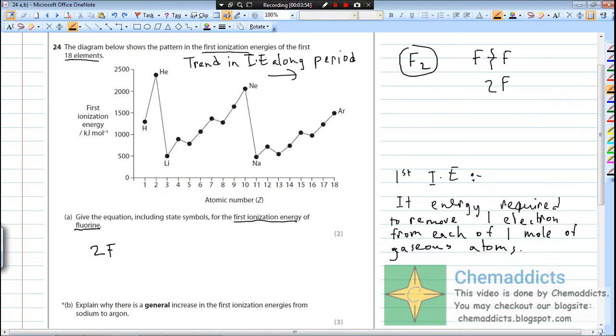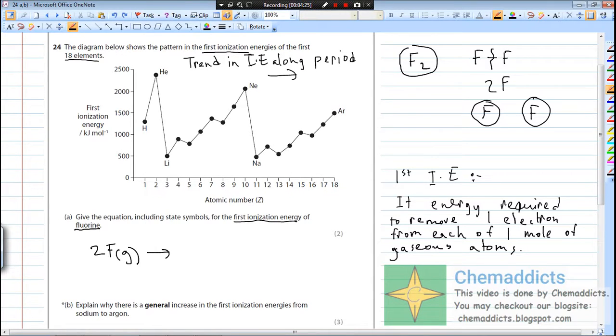Here it is in molecule form. Now we are going to break this down into atoms. If we break this molecule into atoms, we will get two individual atoms, which exist as gaseous atoms.